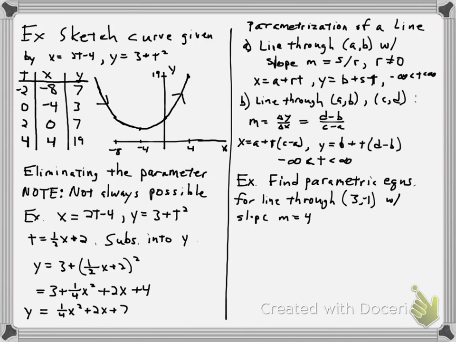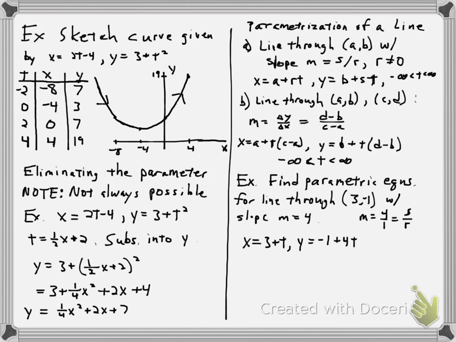Going by what we have from above, we can set s equal to 4 and r equal to 1. If we write m equals 4 over 1 and set this equal to s over r, we can fill in the details and say x equals 3 plus rt, which is 3 plus t, and y equals -1 plus 4t.